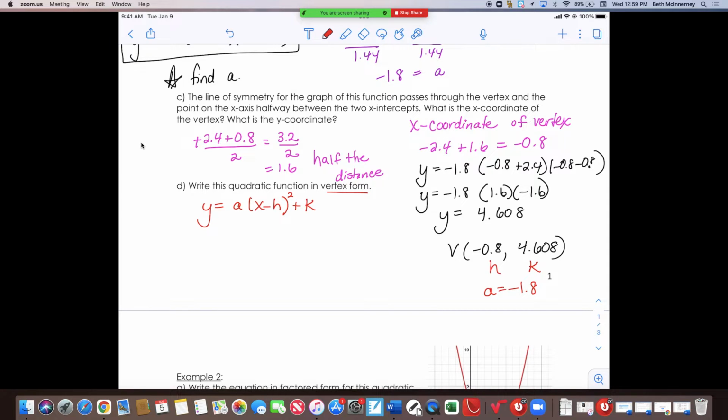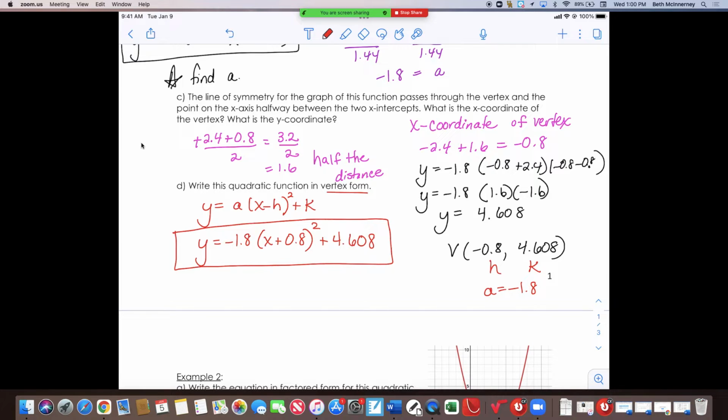Plug in your h, your k, and the a value. So here we go. That's y equals negative 1.8 times (x plus 0.8) squared plus 4.608. So we went from factored form to vertex form. That's what we just did.